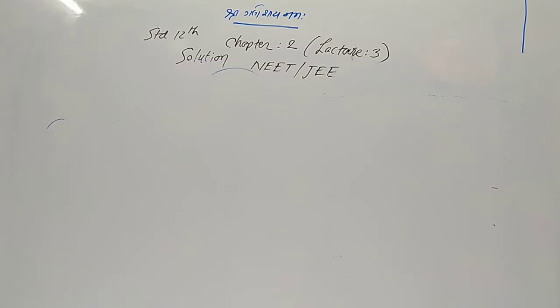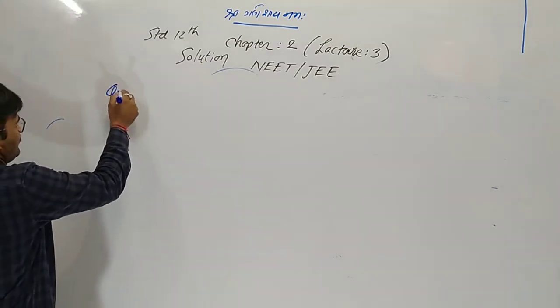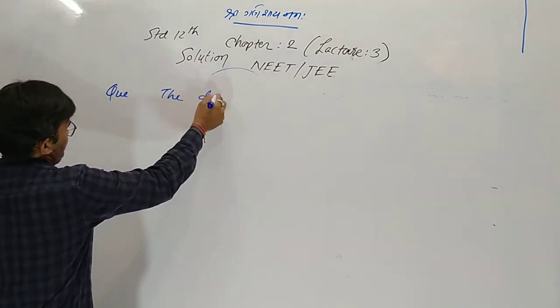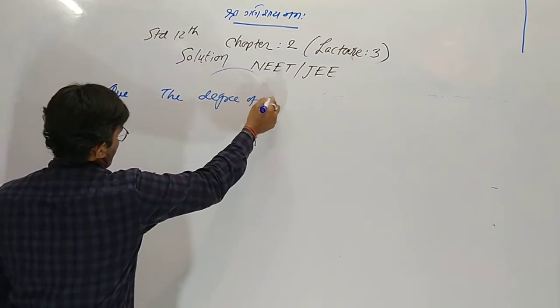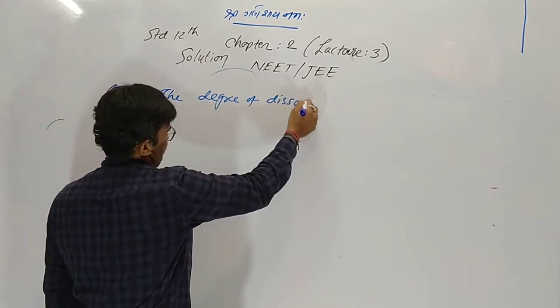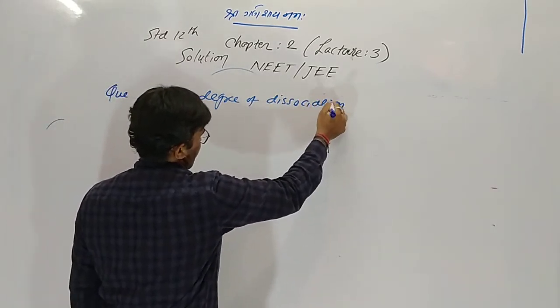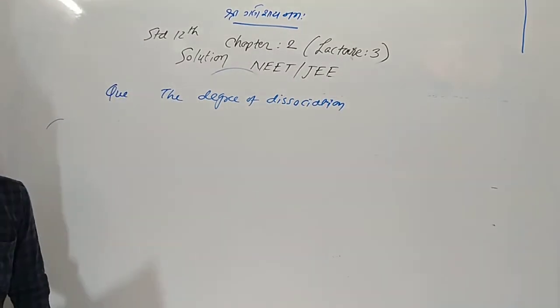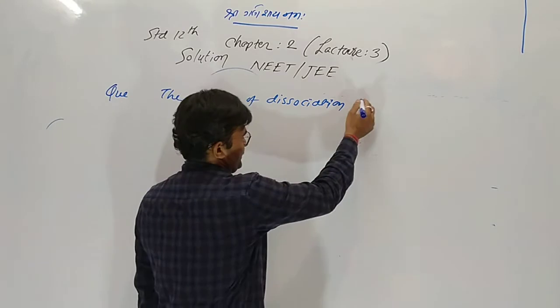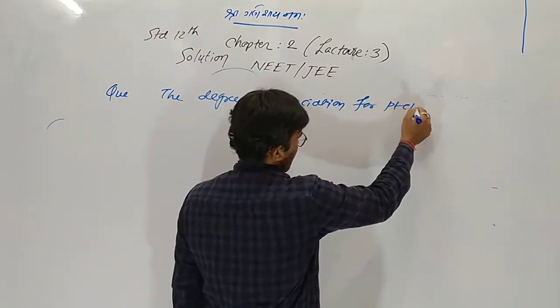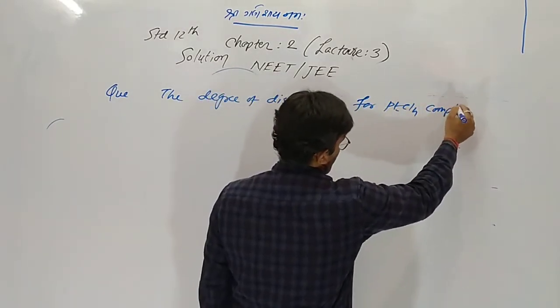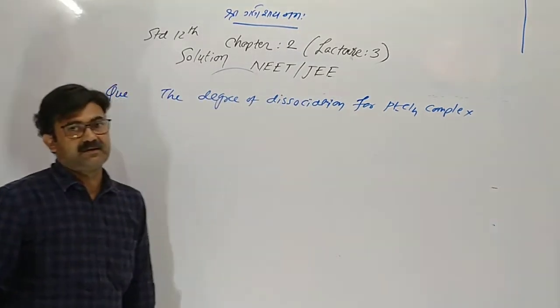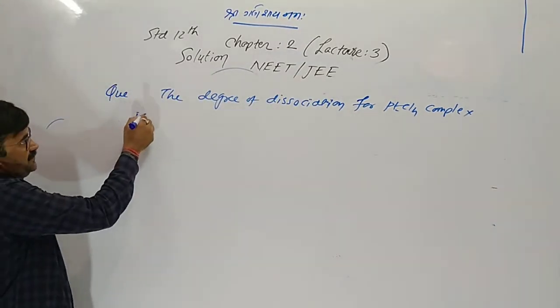The degree of dissociation for PtCl4 complex is 70%.